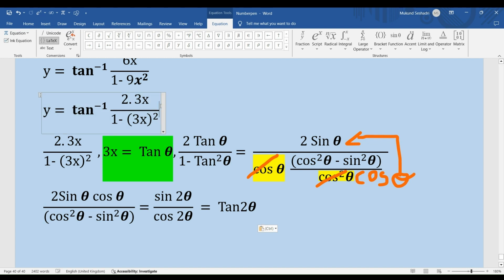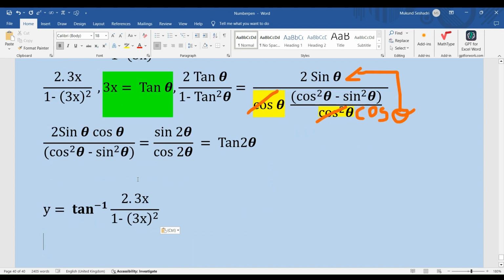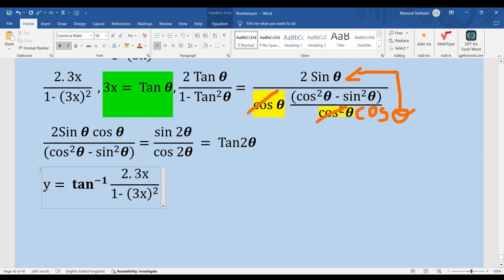Now I go back to my y, and remember folks, we have done the substitution 3x equals tan theta, and our final answer, this being an explicit function, has to be in terms of x, right? So I have my y equals tan inverse of tan 2 theta, right?